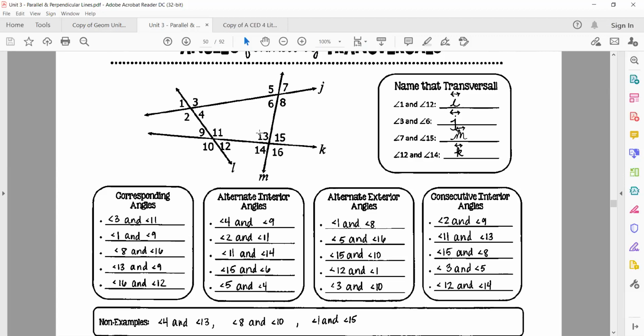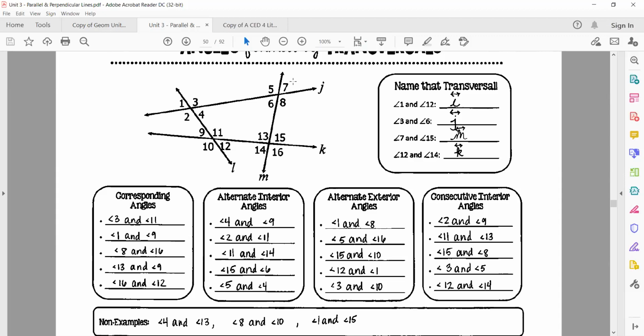Remember me saying before, sometimes you have to visually ignore some parts of drawings to understand what you're looking at. This is another good example of that. If I'm looking for 1 and 12, then I'm talking about these 8 relationships here. I don't even care about the stuff over there on line M. Because 1, 2, 3, 4, 9, 10, 11, 12, if I'm on this transversal, those are the only angles that I care about.